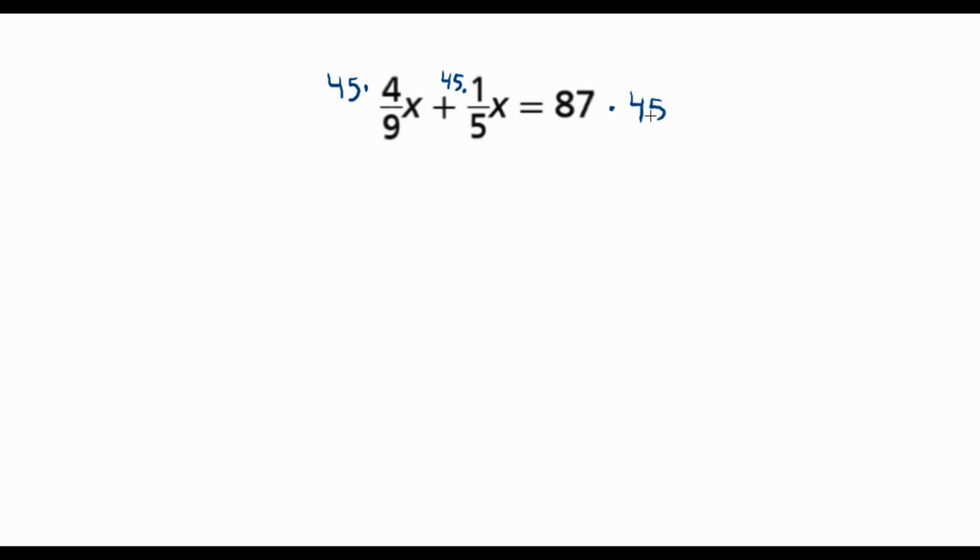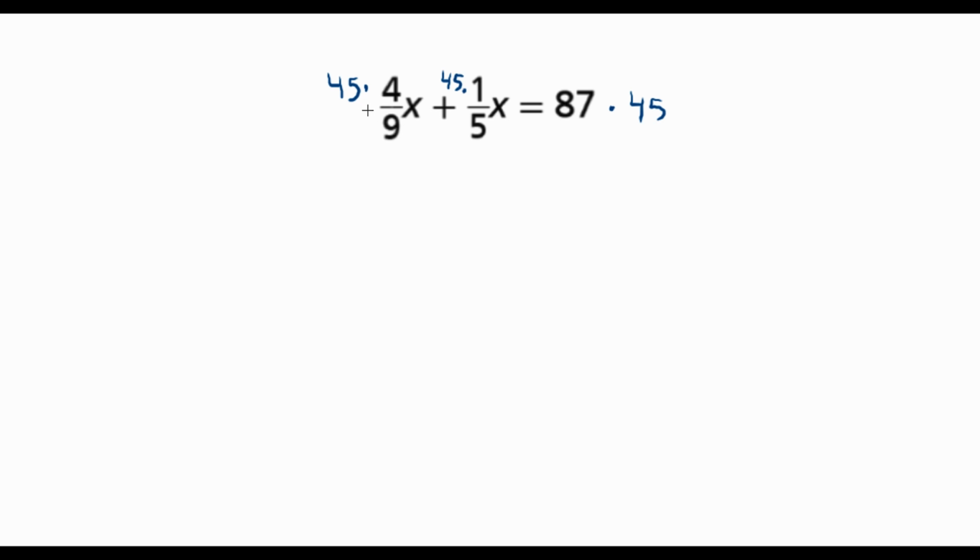All right. Now, this is the method I was talking about. Instead of multiplying 45 by 4, which will give us a very large number, what we can do is simplify the 45 with the 9. And here's what I'm talking about. Simply ask yourself, how many times can 9 go into 45?